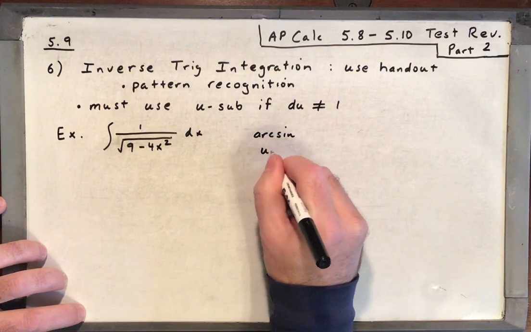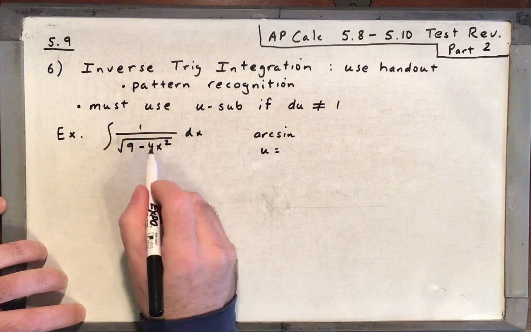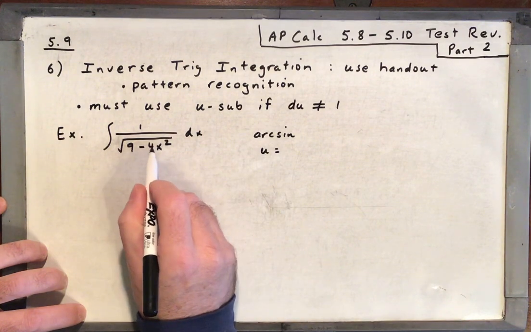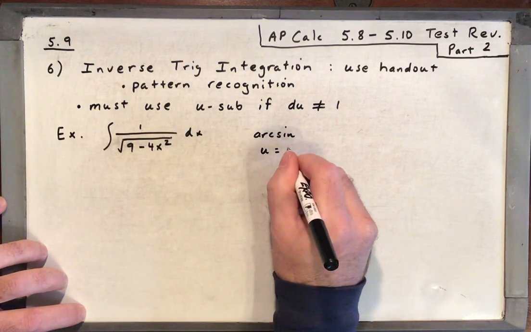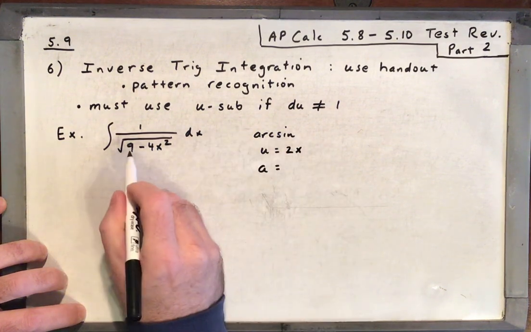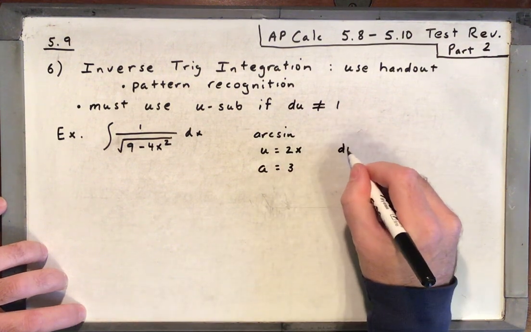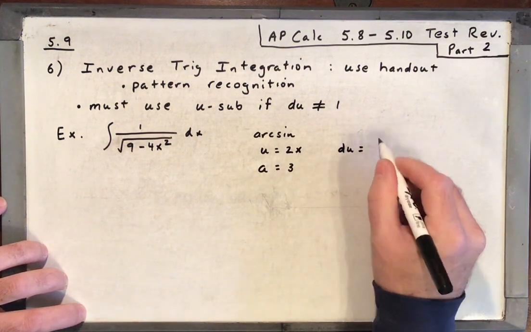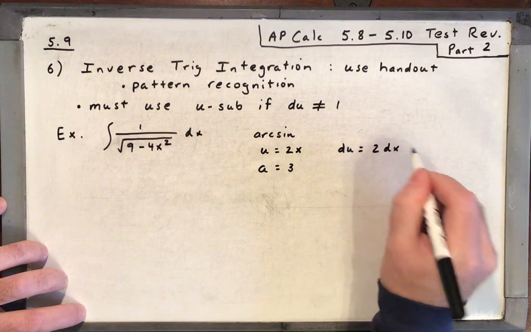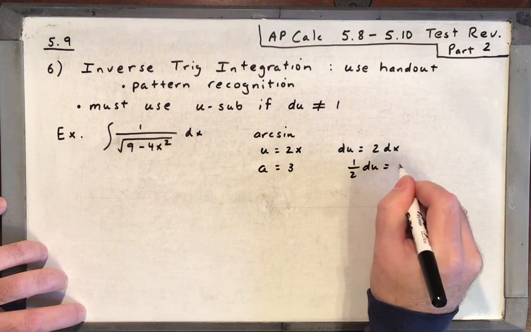The u term has to deal with the variables. It's the square root of 4x squared, so u would be 2x. a is going to be the square root of 9, which is 3. Since du isn't 1, we're going to have to deal with that. So du is equal to 2 dx, so 1/2 du is equal to dx.